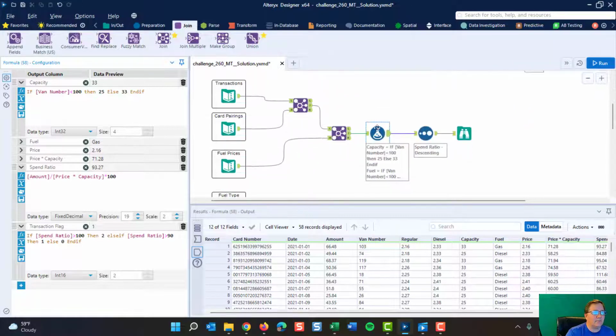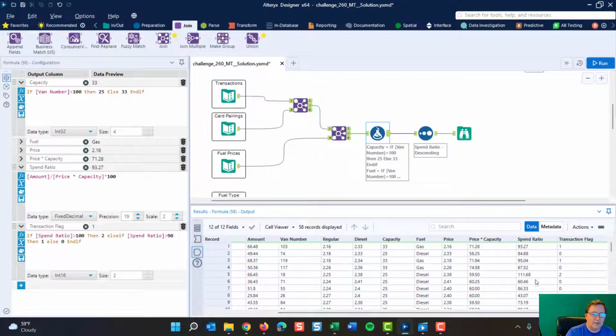So our final formula puts either a 2, a 1, or a 0 as our final column, which says, if the spend ratio is greater than 100, then 2. Else if, in other words, if that's not true, then evaluate this statement: spend ratio is greater than 90, then put a 1. Otherwise, else, put a 0, end the statement.